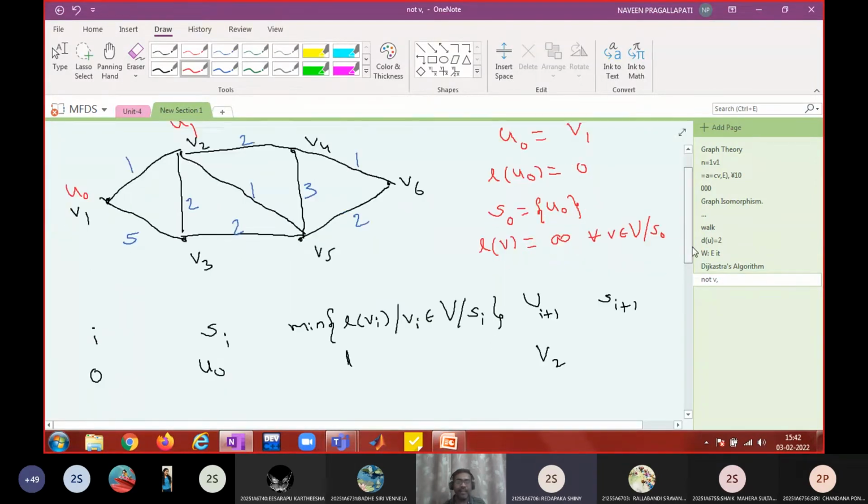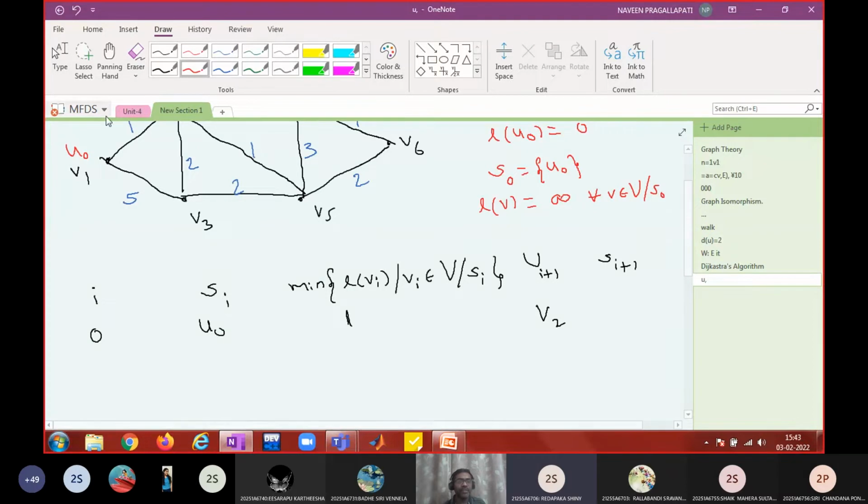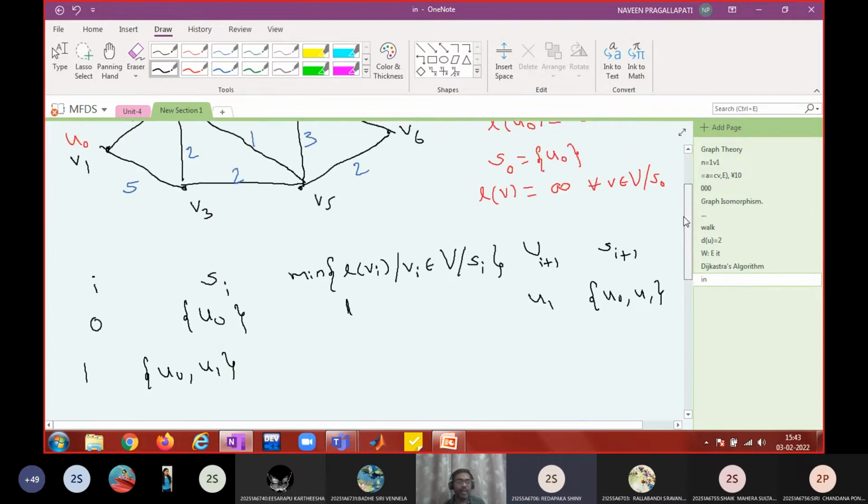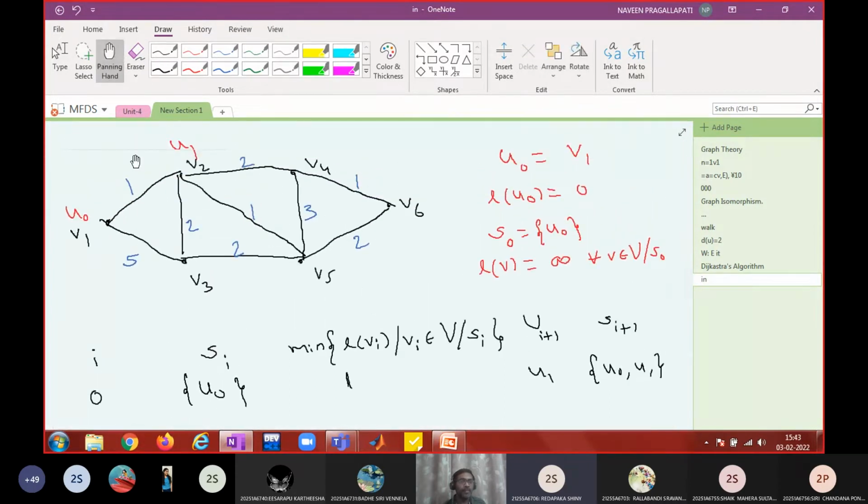Now what is Si plus 1? Union of these two. This I am calling U1, right? So this is nothing but U0, U1. So for the next iteration, my S set is U0 and U1.